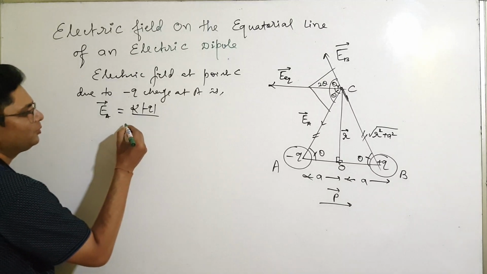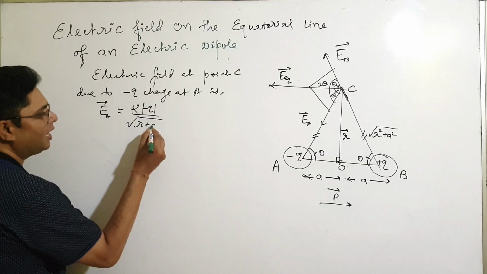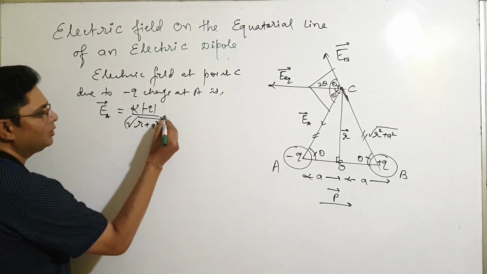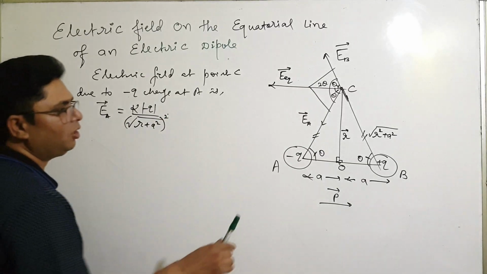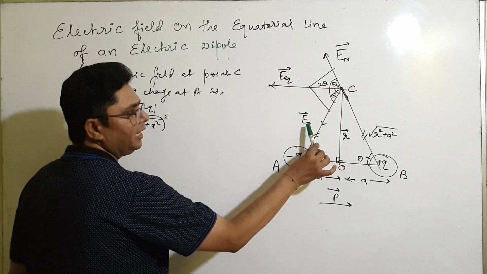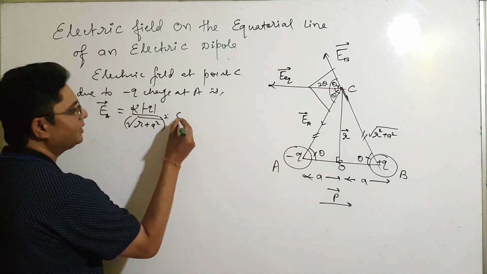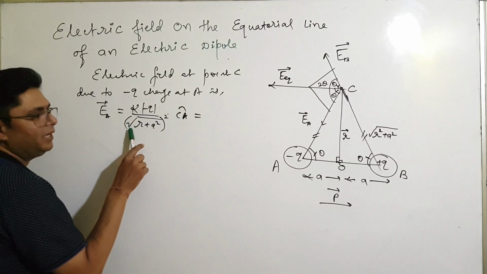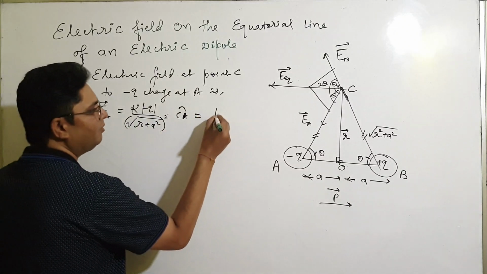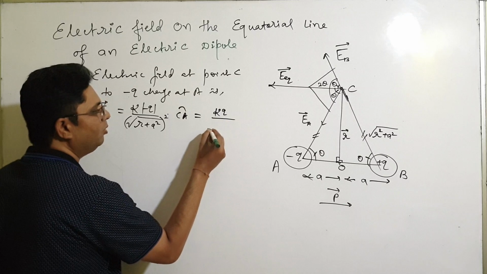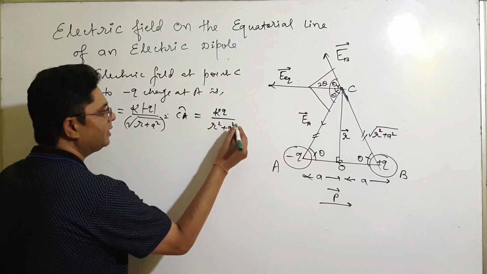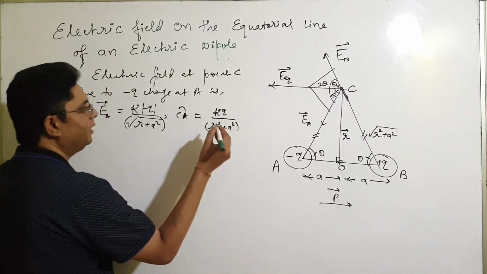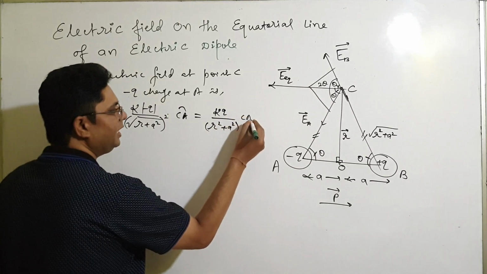So right here this is square root of r square plus a square, whole squared. And the direction of EA is C to A. This square root can be eliminated due to this square. So you have KQ upon r square plus a square and direction is CA cap.